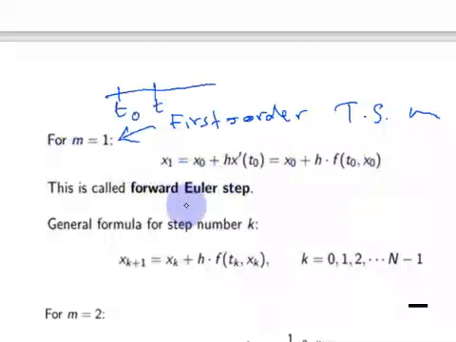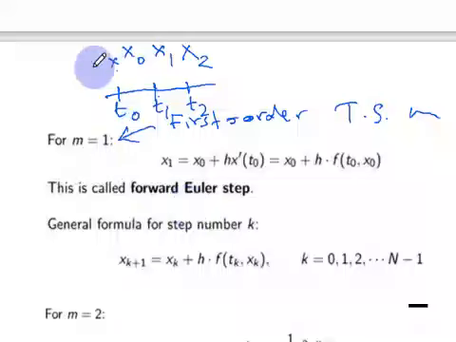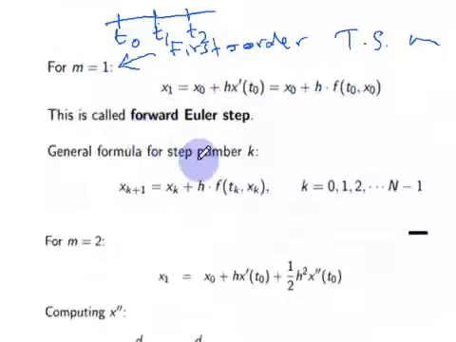We know this value x naught, so using this we can find x1. Again, you can find an approximation at this point as well, x2, and we can carry on this method, we can continue like this. So this is the k-th step.